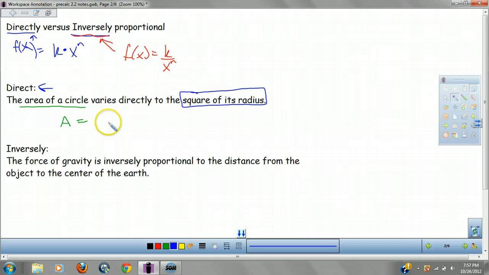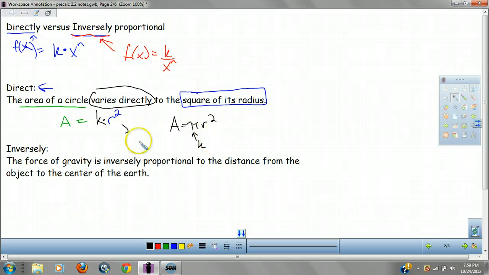That means my r squared I'm going to put right here. That's the square of my radius. I'm going to keep it on the top because it varies directly, and this tells me that I can put my constant out in front. Now we all know area of a circle is pi r squared. This pi is our k. There's a constant to this guy. Sorry, I had to go there, guys.